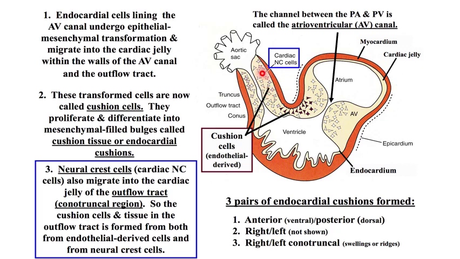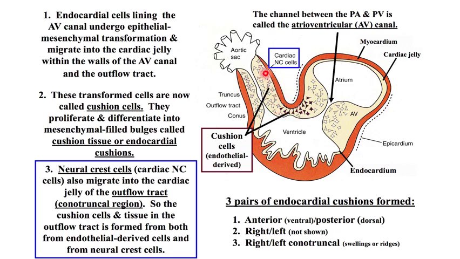So there is incorporation of the neural crest cells in the outflow tract, that is in the bulbous cordis portion, which contributes for the septum formation, aortopulmonary septum, which is a spiral septum.